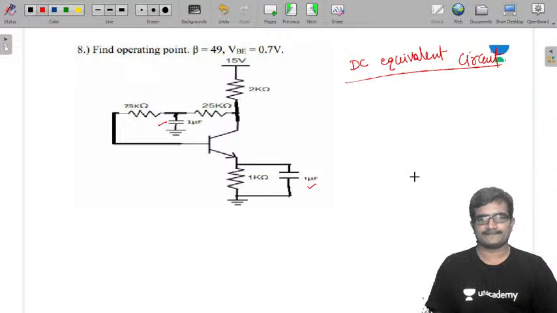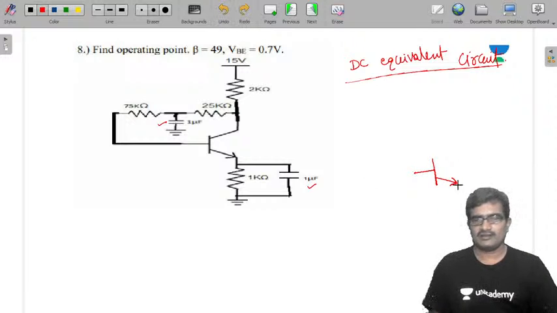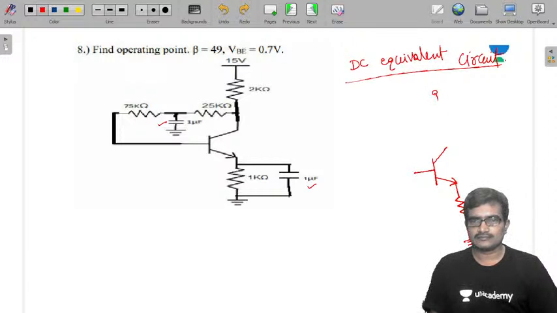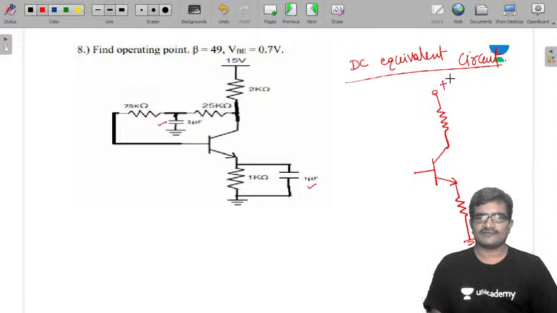So for the DC equivalent circuit, all capacitors have to be open circuit. By open circuiting this capacitor, that is 1 kilo ohm, it is plus 15 volts VCC, and RC is 2 kilo ohms.